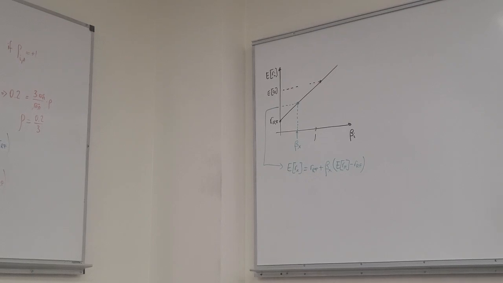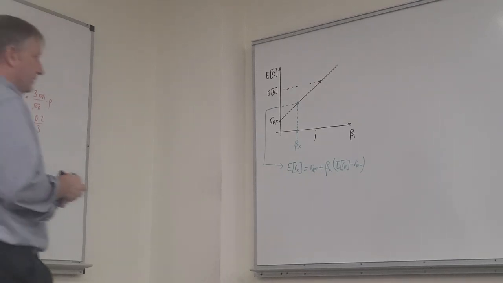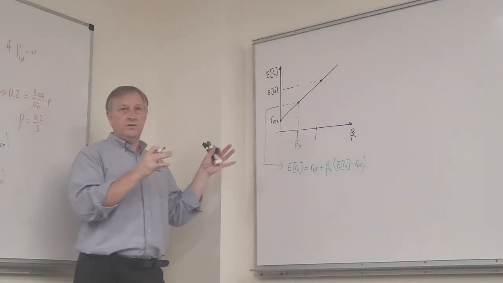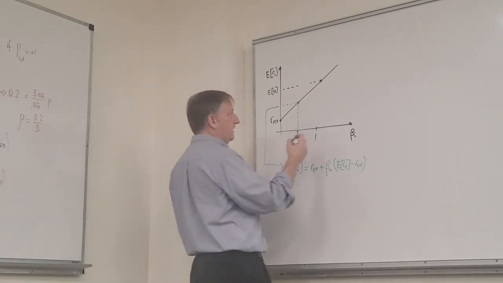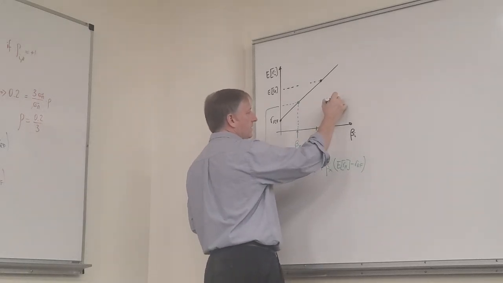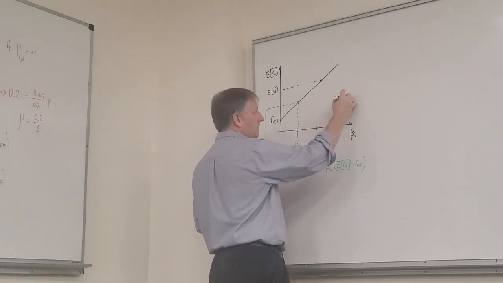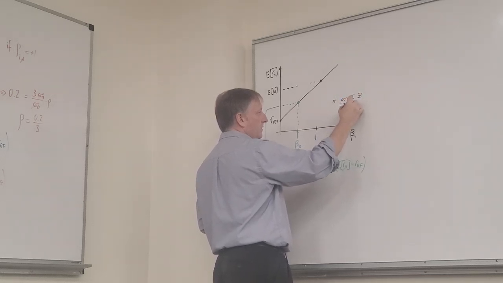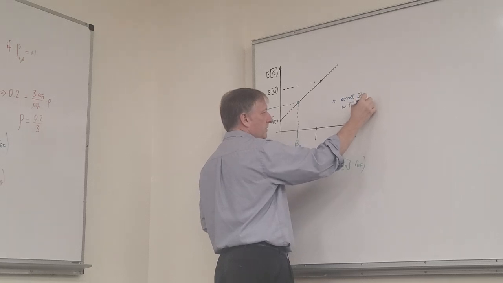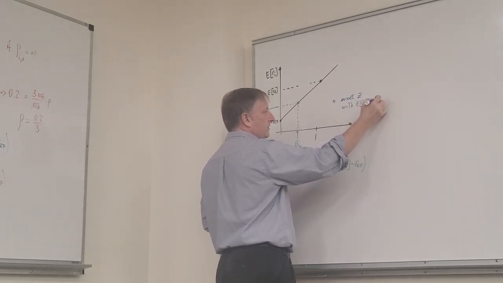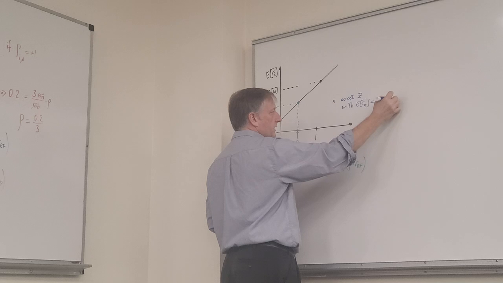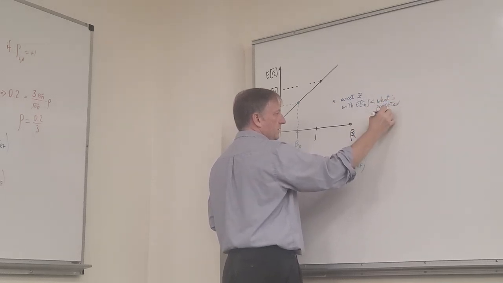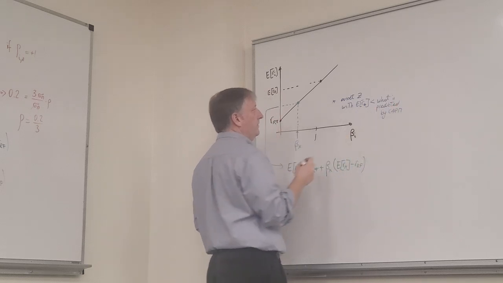So let's think about this. What if you have an asset? Now we are trying to use this model in real life, and let's suppose that we found an asset Z with an expected return that is less than what is predicted by CAPM.